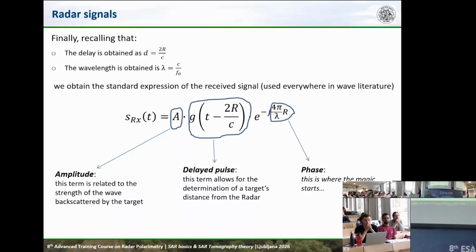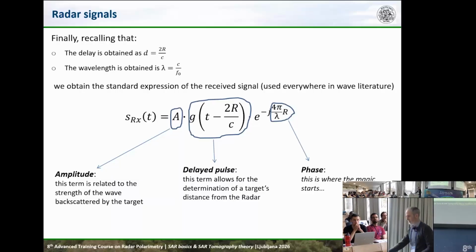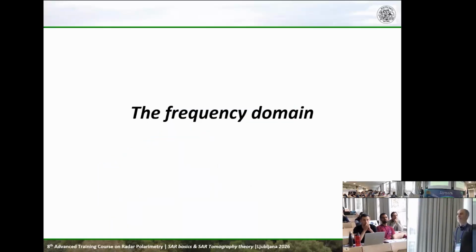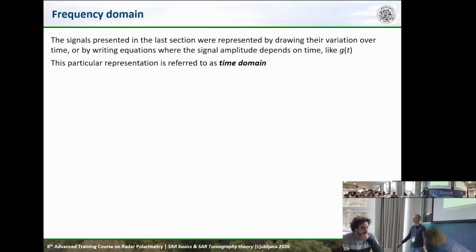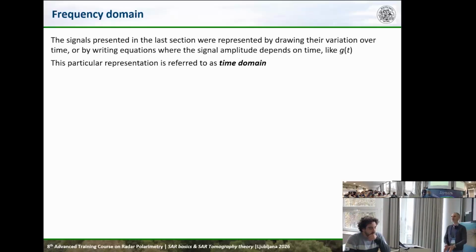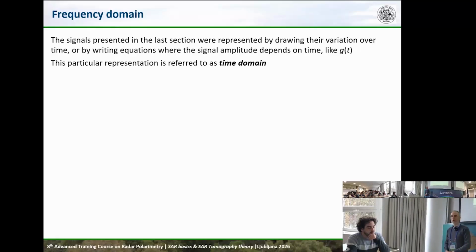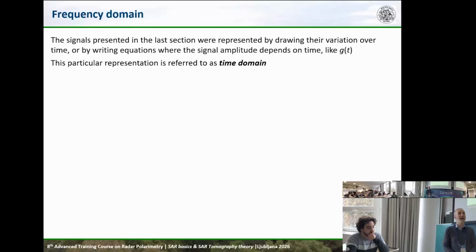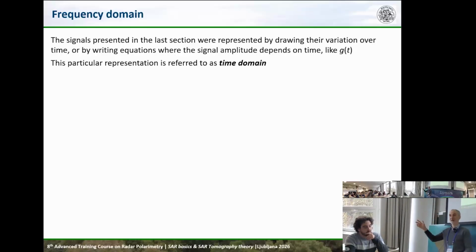And now, talking about magic, I need to go in the frequency domain. All the signals that we saw until now were represented by drawing their graph as a function of time, or by writing an expression like g of t, where t is time.